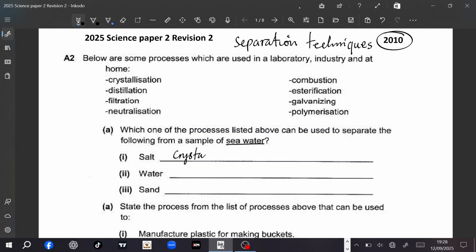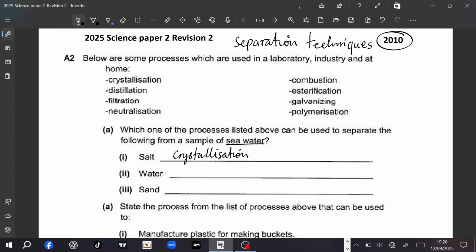Why? Because salt and water have different boiling points. Crystallization just involves evaporating the water so that you remain with the crystals of salt.